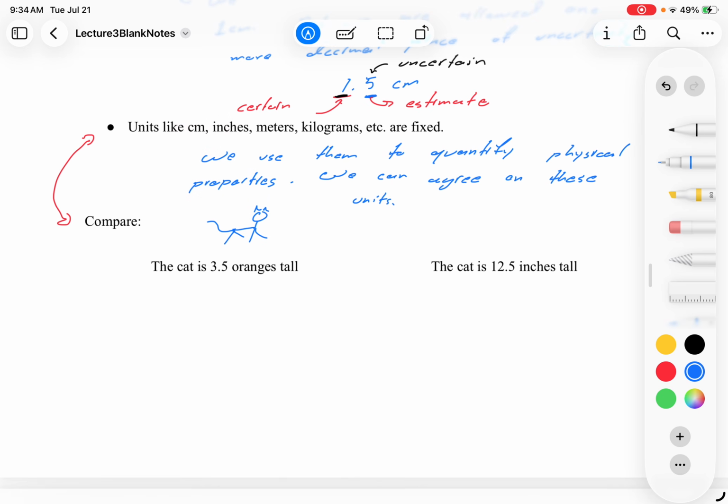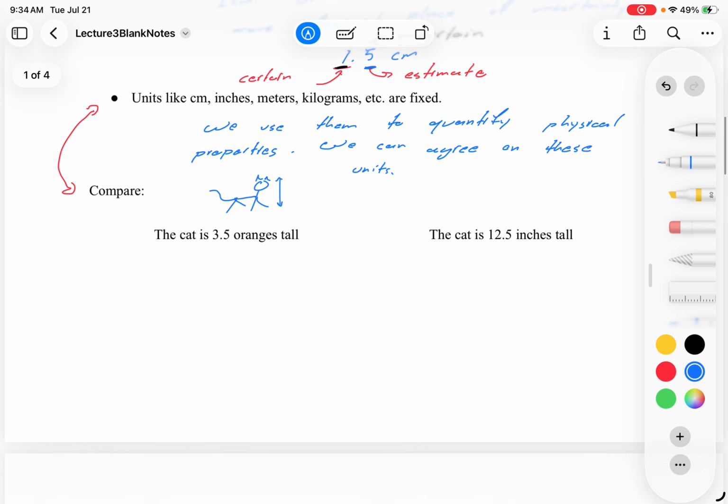You got a cat right here. I can't draw a cat. I'm not really 100% sure about these measurements, if this is how big a cat actually is. I literally just made stuff up, but that doesn't matter. What matters is us seeing that units are actually fixed. A cat can possibly be 3.5 oranges tall. I mean, it seems likely, but we're not zoologists or whatever. So let's go ahead and continue.